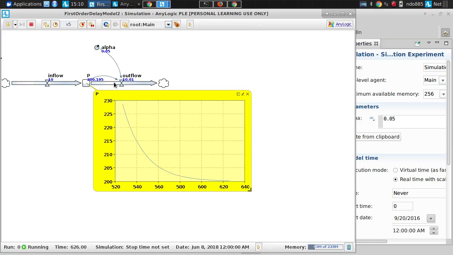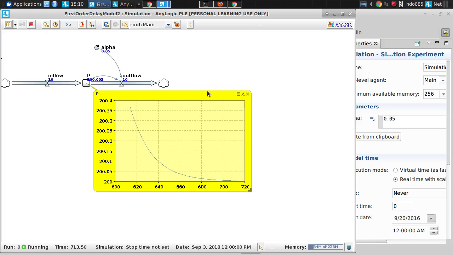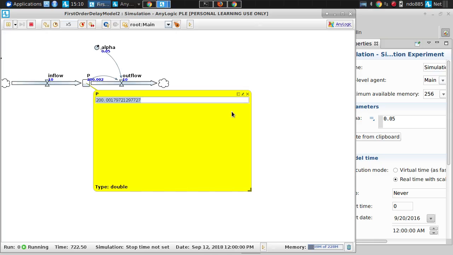And so the degree of excess of the outflow over the inflow will be smaller and smaller, and therefore the stock will be going down, but slower and more slowly, right? And that's exactly what we see. So we can knock this thing around. You don't even have to pause it if you are so inclined.